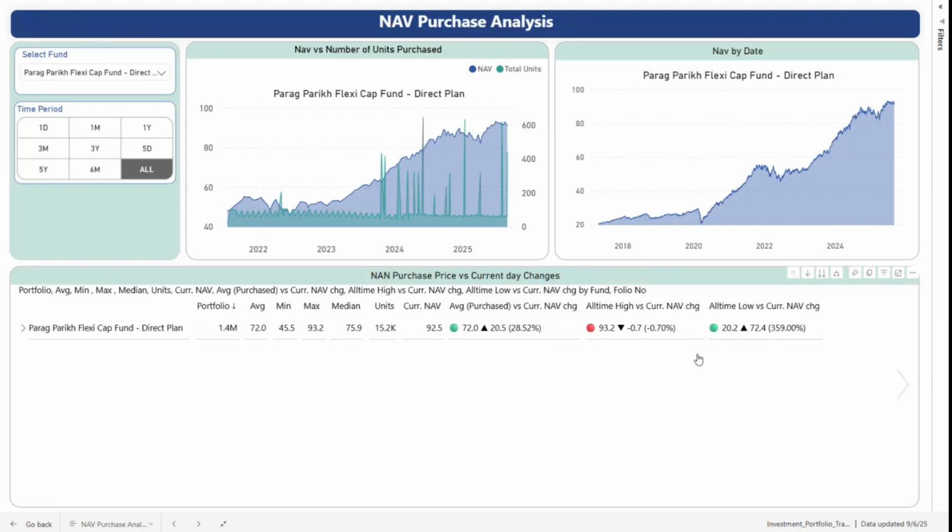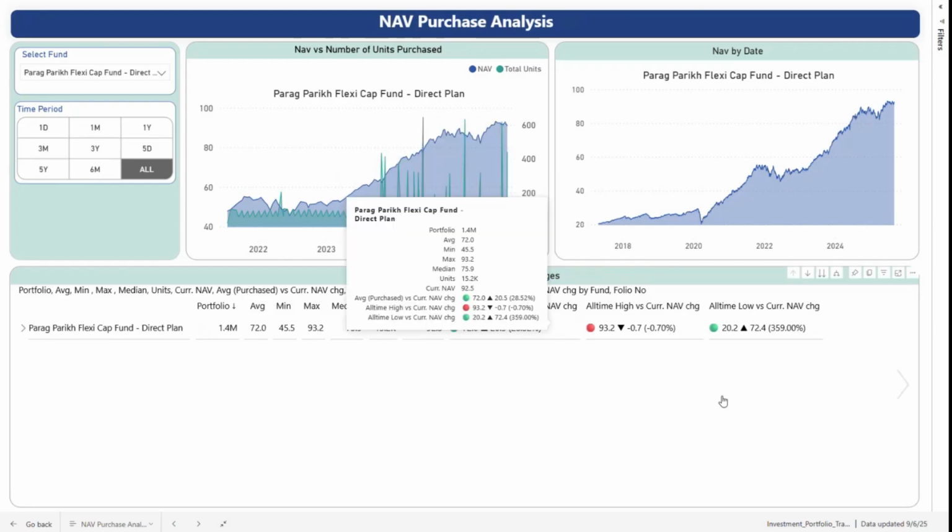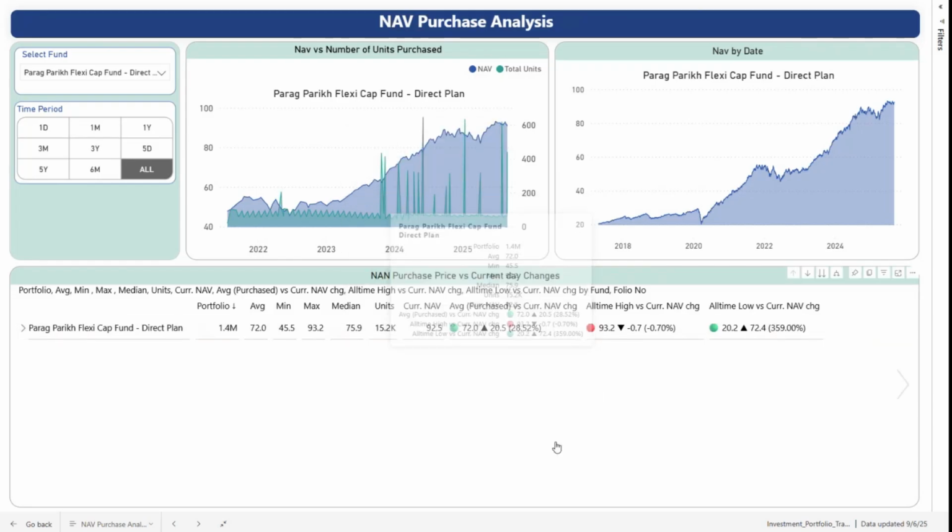Then all-time high versus current NAV is to understand the maximum NAV value you purchased at. I have purchased at a maximum of 93 rupees, and the current NAV is 92 rupees, which is a fall of 0.7.